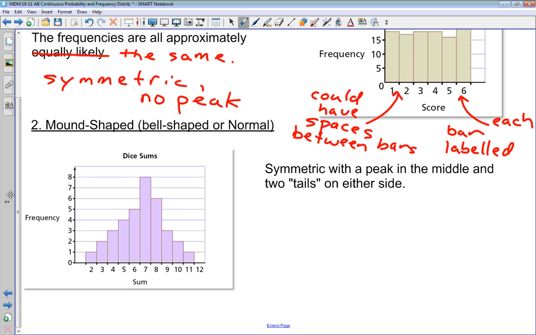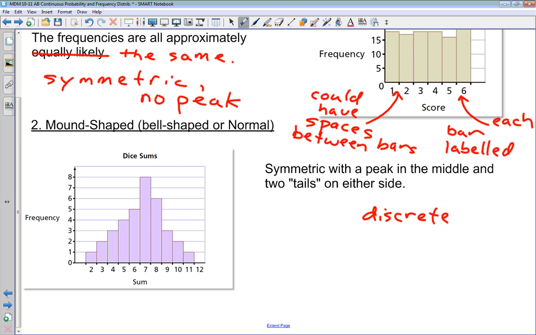In this distribution, is our variable discrete or continuous? What do we think? Okay. It is still discrete. Okay? We can get a 2, we can get a 3, we can get a 4. We can't get a 3.5 if we add together the sums on 2 dice. So this one is, again, discrete.